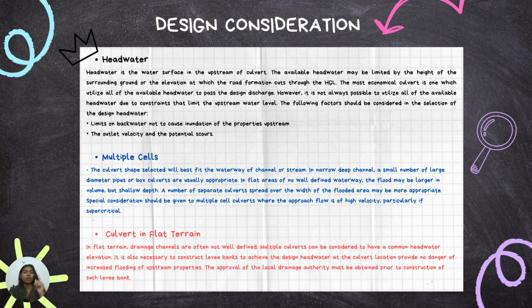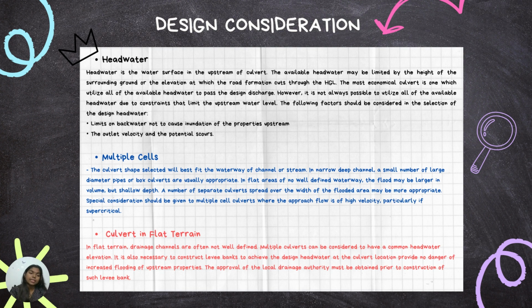However, it is not always possible to utilize all the available headwater due to constraints that limit the upstream water level. The following factors should be considered in selection of the design headwater. First is the limits on the backwater, not to cause inundation of the properties upstream, the outlet velocity, and the potential scour.